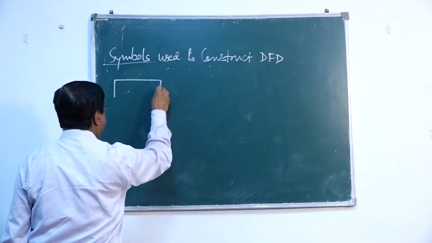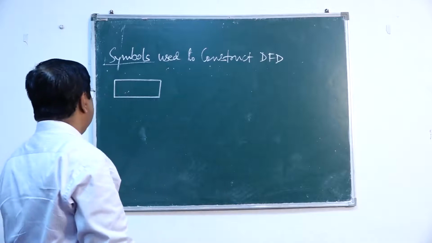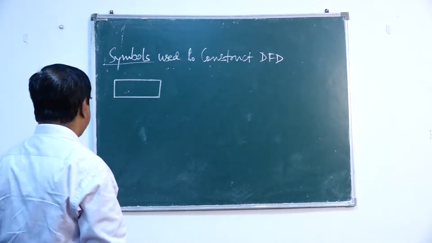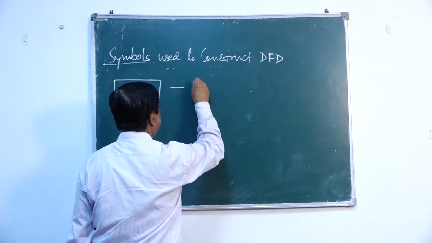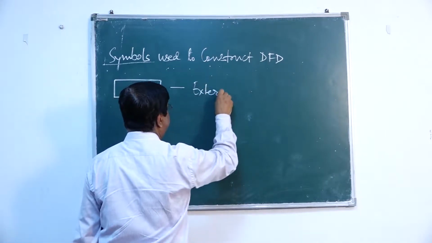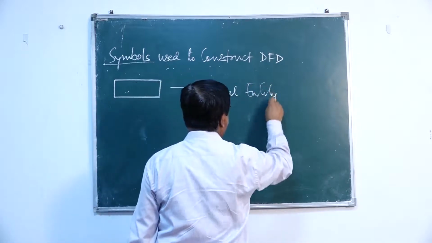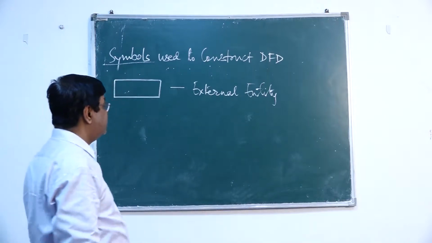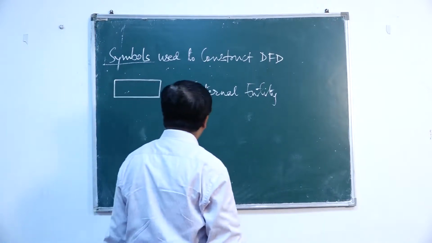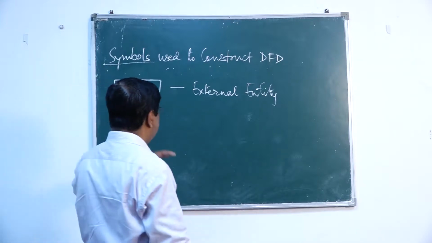The first is a rectangle or square. Rectangles or squares are used for showing external entity, the entities that are outside the system.